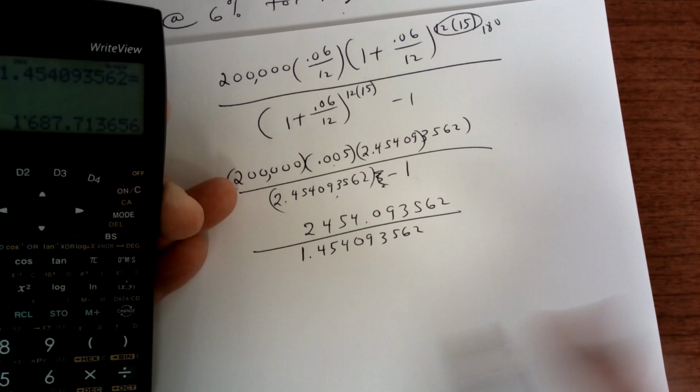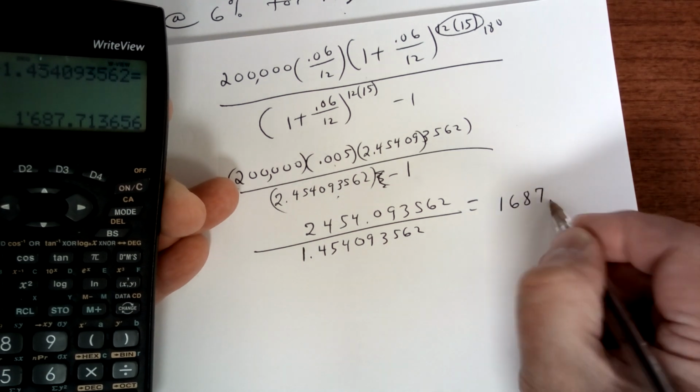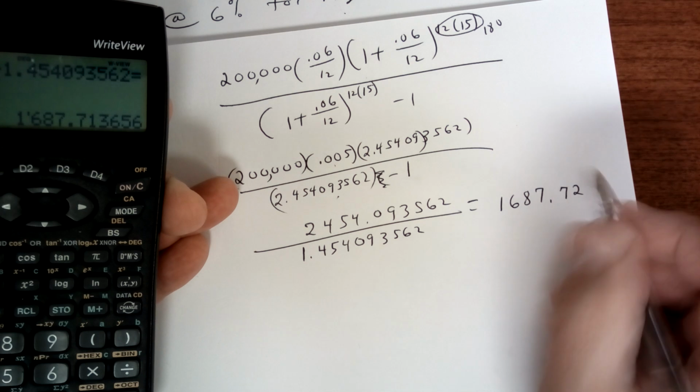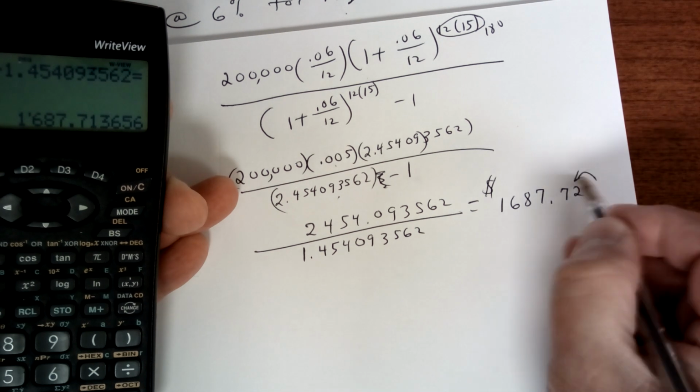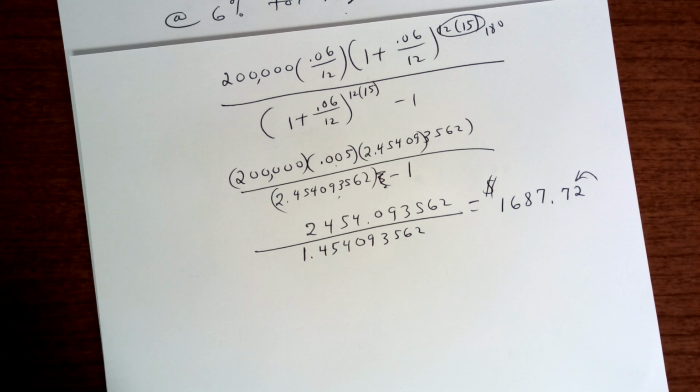Your monthly payment should be $1,687.72. They're going to round it up. Make sure you understood what I did because you're going to be tested on that.